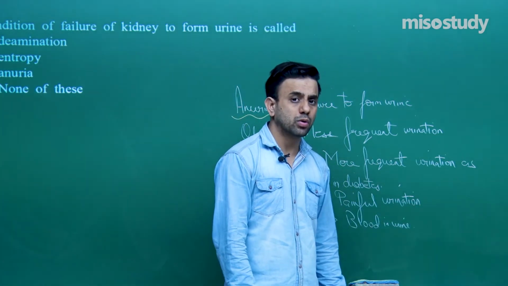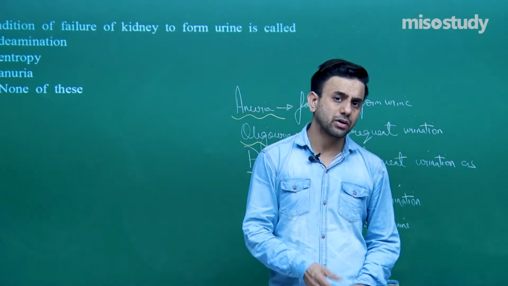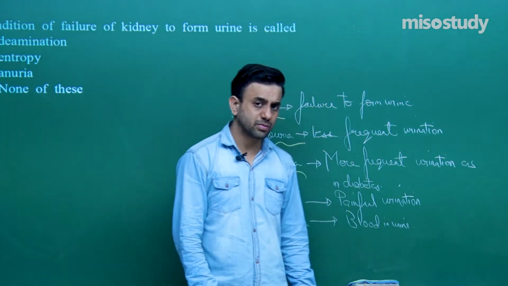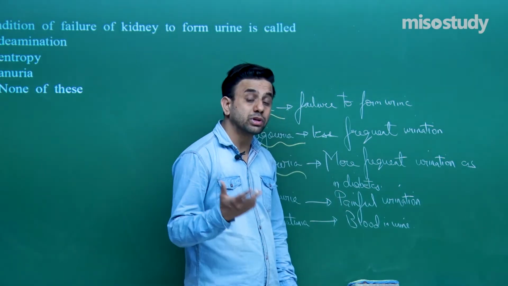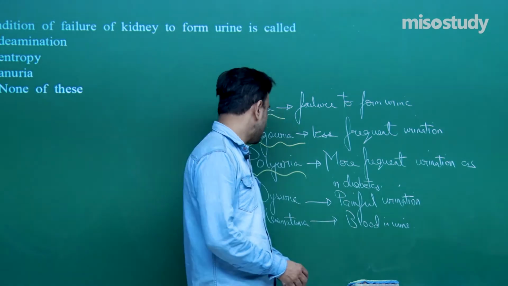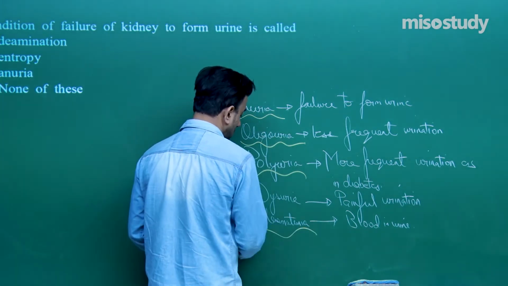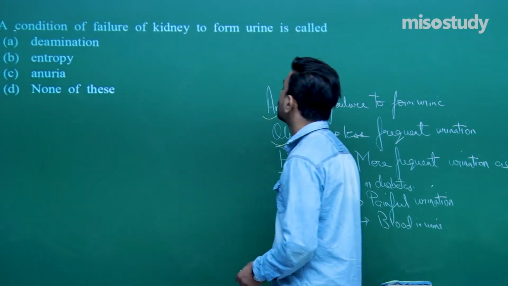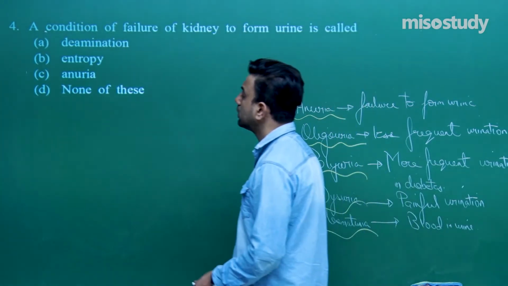And when are the ketone bodies formed? When the fats are broken down, the acetoacetate and the beta hydroxybutyrate. Then again proteinuria, when there will be proteins in the urine. So all these things you should keep in mind, and hence the answer will be: a condition of failure of kidney to form urine is called as anuria.